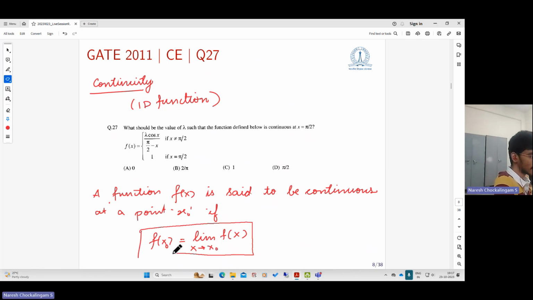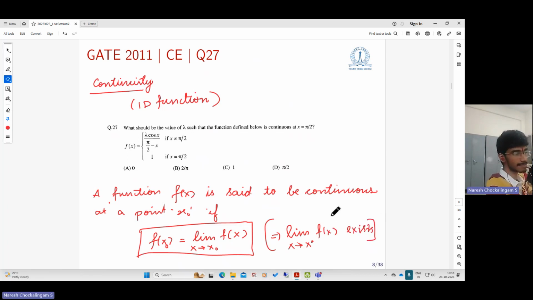So for this equality to make sense, the limit on the right hand side should exist. This means that the limit as x tends to x naught of f of x exists. And in one dimension, existence is very simple. It is just that the left hand limit has to be equal to the right hand limit.